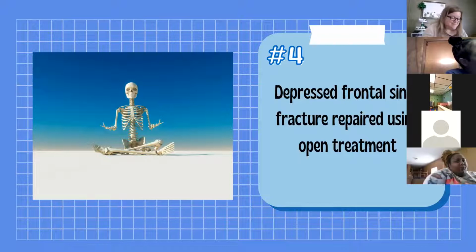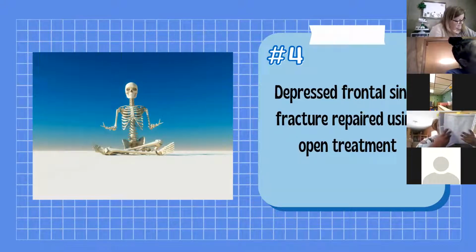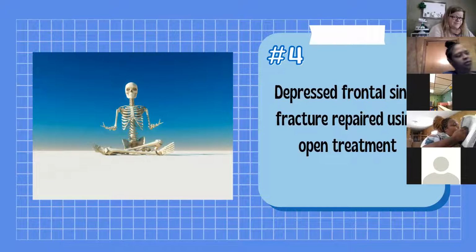It will be 21343 because it says open treatment of a depressed frontal sinus fracture. If you use 21344, it would be open treatment of a complicated frontal sinus fracture. That is correct. And you're just asking for the depressed frontal sinus fracture. Exactly. That one fits us the best.